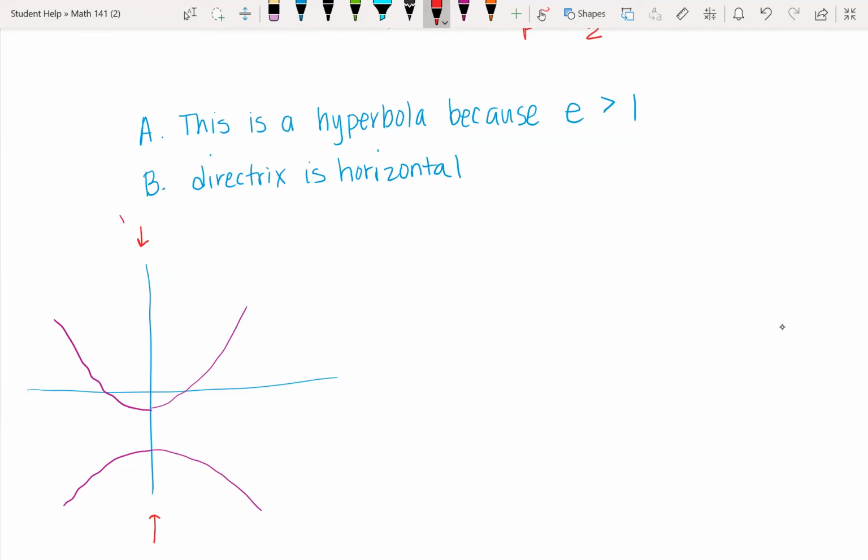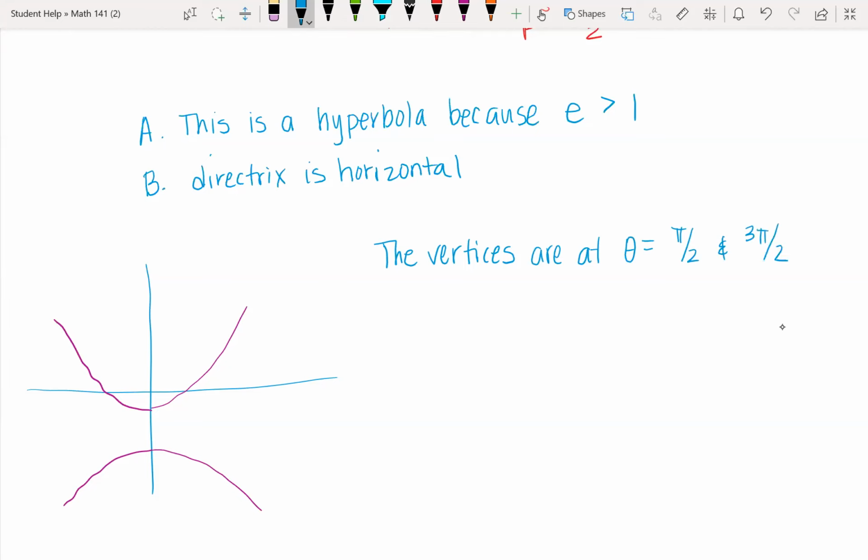So this is pi over 2 and this is 3 pi over 2, right? When we're swinging around the unit circle like this. So remember our polar graphs. All right, so the vertices are at theta equals pi over 2 and 3 pi over 2.